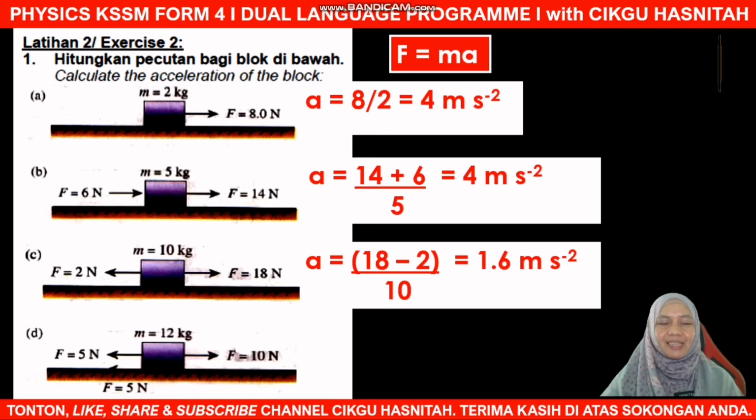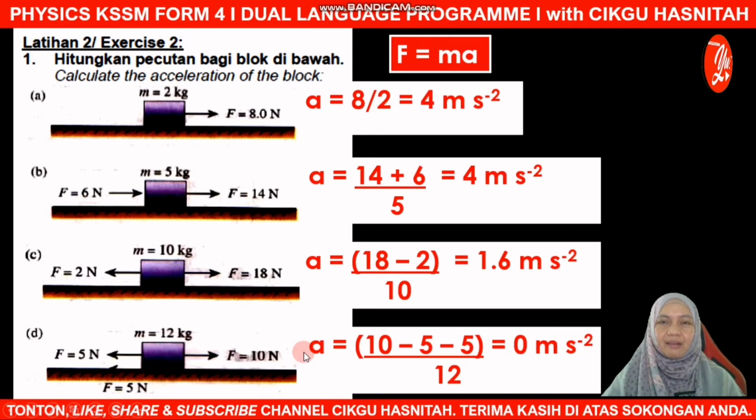And how about D? How many forces are acting on this 12 kilogram block? Yeah, there are 3 forces. Very good. 5 Newton to the left. Again, there is a friction force of 5 Newton and 10 Newton on the right. So this would give an acceleration of 0 meters per second squared. Okay, easy, right?